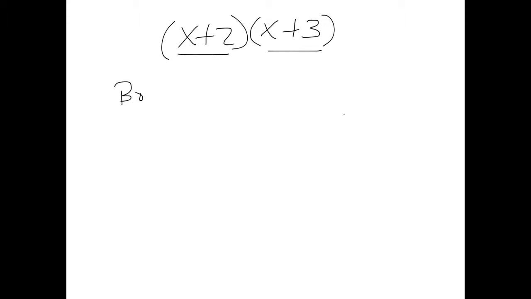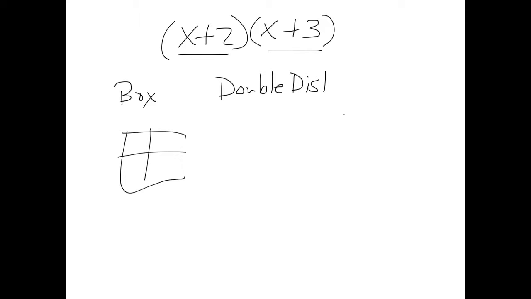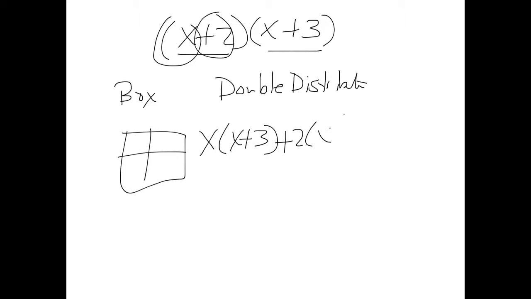We talked about the box method, which had a window pane, kind of like a Punnett square in biology. We talked about double distribute, which had you breaking apart the first one and doing x times x plus 3, and then plus 2 times x plus 3.